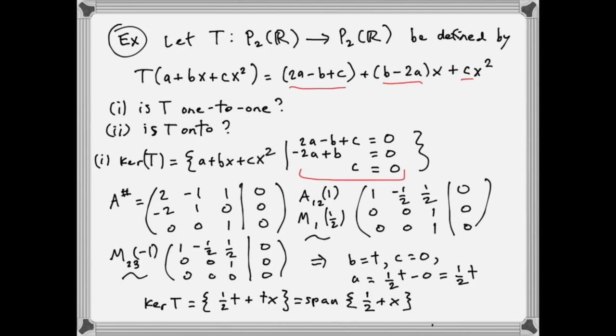Okay, so what did we just conclude? The kernel is definitely not equal to just the 0 vector polynomial, right? And so what we just determined implies that T is not one-to-one.